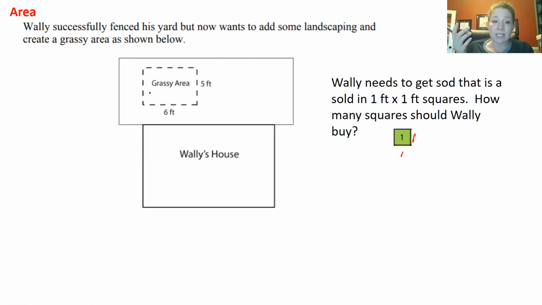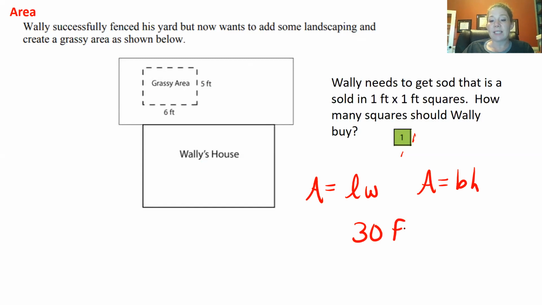So basically what we need to know is what is the square footage. So to find the square footage, that's the area, right? So the area is going to be equal to the length times the width, or some people say base times height, whichever one. So basically if we multiply 6 feet by 5 feet, we get 30 feet squared, right? 5 times 6 is 30, and feet times feet is feet squared.